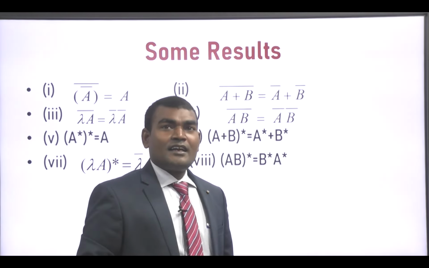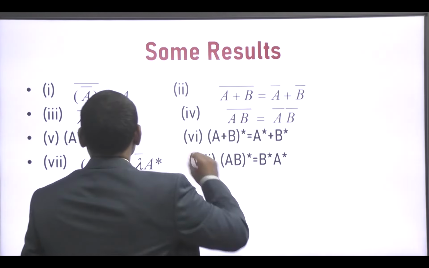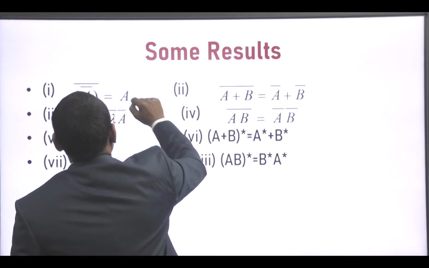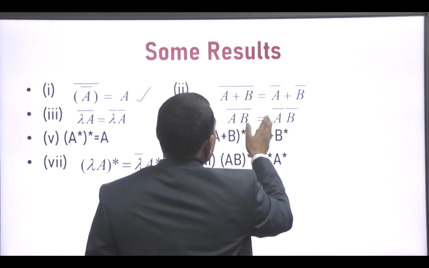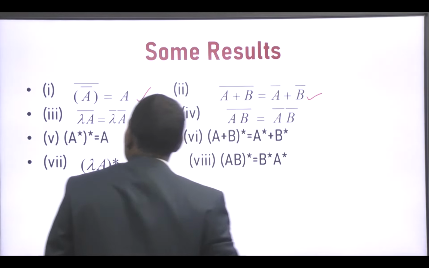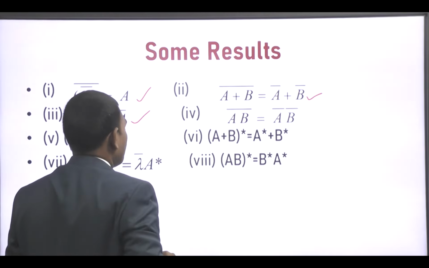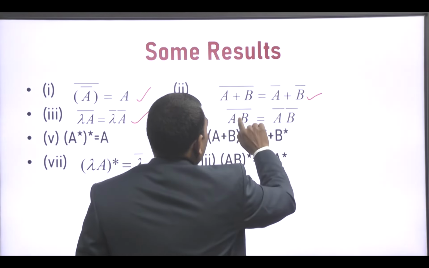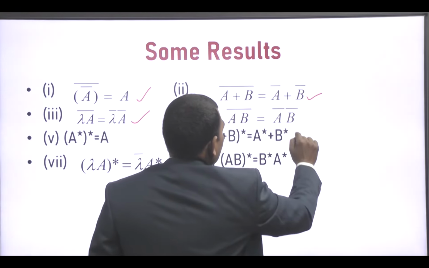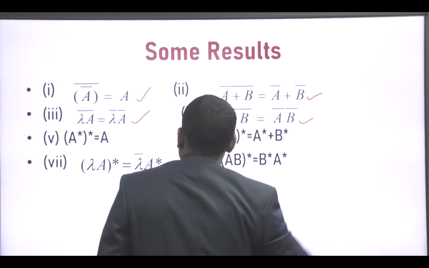Now again there are some results you can observe very easily. A conjugate whole conjugate will be A, and A plus B conjugate is A conjugate plus B conjugate. Lambda A conjugate will be equal to lambda conjugate A conjugate, and A B conjugate is equal to A conjugate into B conjugate.